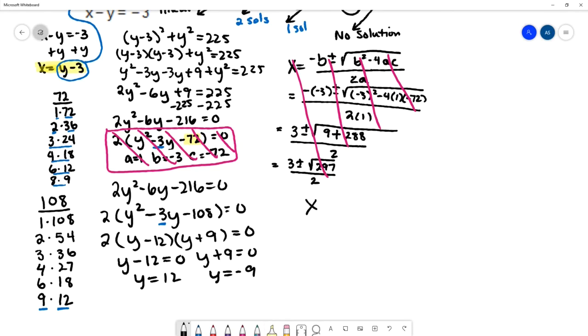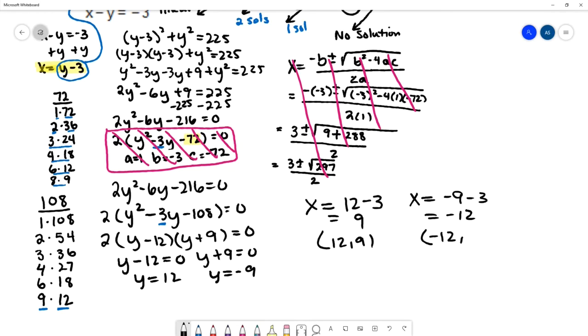We have x equals 12 minus 3, that's 9. So one solution is 12, 9. X equals negative 9 minus 3, that's negative 12. So the other solution is negative 12, negative 9.